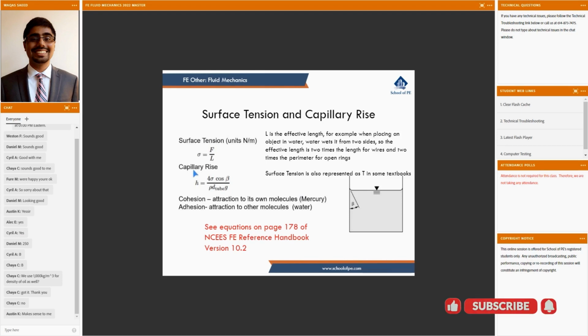Now, capillary action or rise, this is the formula that's in the reference handbook. I think the only difference is instead of rho g, it may show it as gamma, but it's the same thing. Gamma is just rho g. The purpose of this formula is, in most cases, you're finding what beta is, and that's the angle of the rise versus the wall you're dealing with.